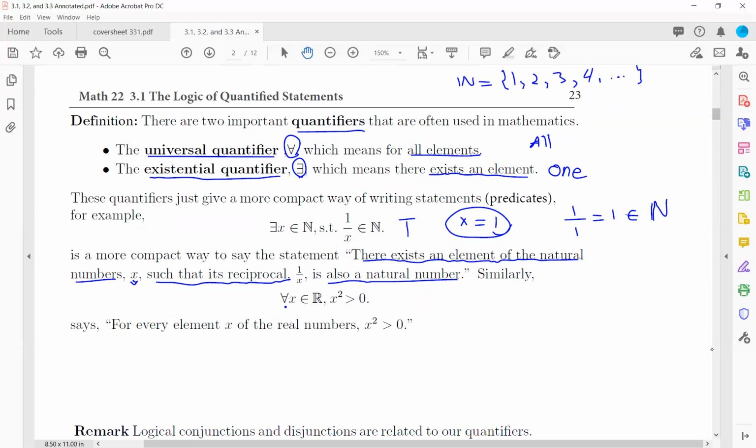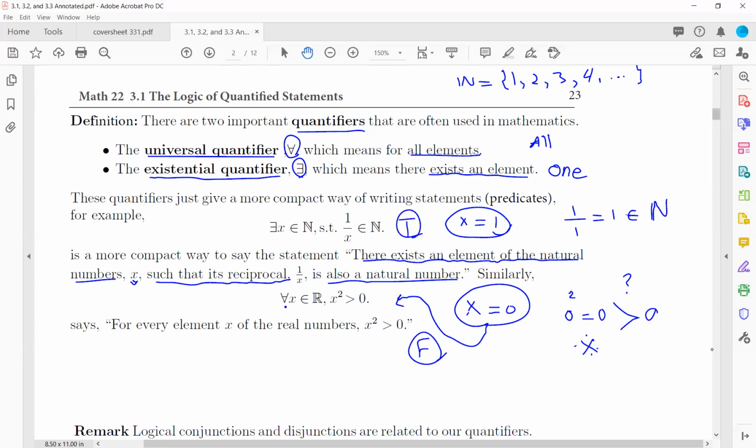For any x belonging to R, x squared is always positive? Okay, what if I use 0? 0 is a real number. 0 squared is 0. Is this greater than 0? Of course not. I found one element that makes this statement false. So in general, this statement is false.